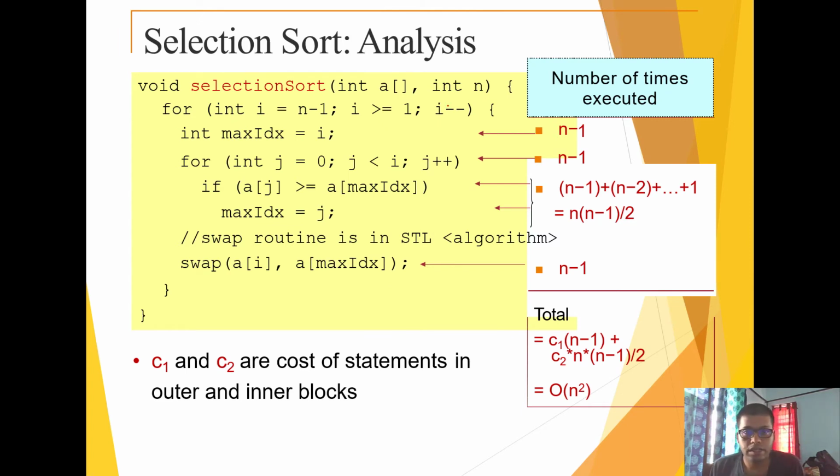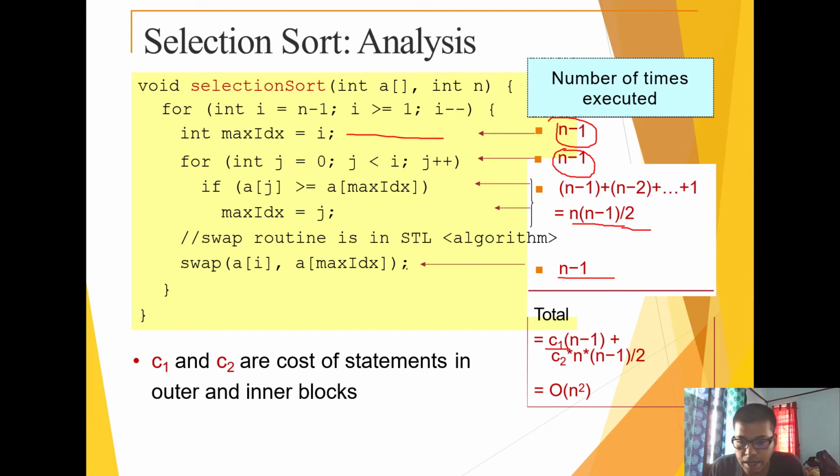Now, the number of times it is executed. The first line will be executed n minus 1 times, the second line will be executed n minus 1 times, the third line and this line will be executed n into n minus 1 by 2 times, and this line will be executed n minus 1 times. So the total is c1 into n minus 1, n minus 1 is common, where c1 is the cost of the statement, plus c2 into n into n minus 1 by 2.